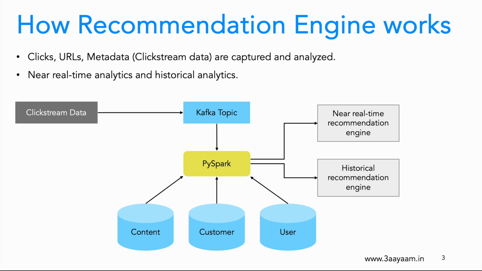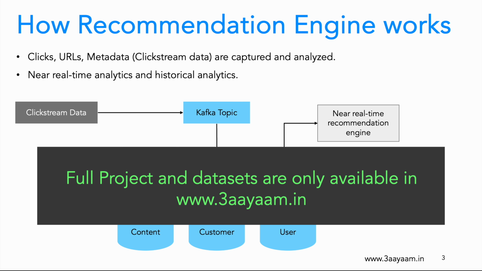So what is clickstream data? Whenever we make any clicks, whenever we go to a particular page, its URLs, its metadata, the button that we click, the video watch duration, and all those things are captured, which are called clickstream data. And those data are sent to a centralized server and then analyzed.